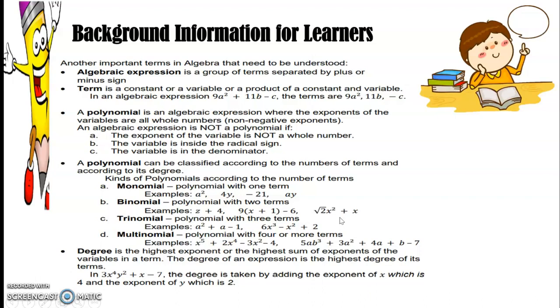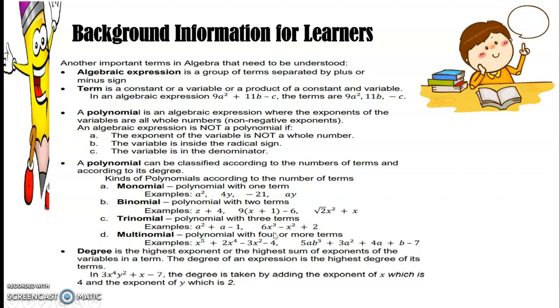Okay? And also this one. Square root of 2x squared plus x. Considered also as two terms because this is separated by a plus sign. Okay? Next. Letter C, trinomial, polynomial with 3 terms. So, example, we have a squared plus a minus 1.